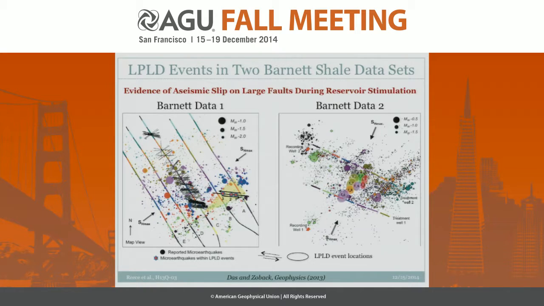And as Mark mentioned earlier in his talk, you can actually see that these LPLD or long period, long duration events follow the same trend of the major fracture that was interpreted here in well C. So the bottom line of the slide is basically that there is evidence of aseismic slip on large faults during reservoir stimulation.